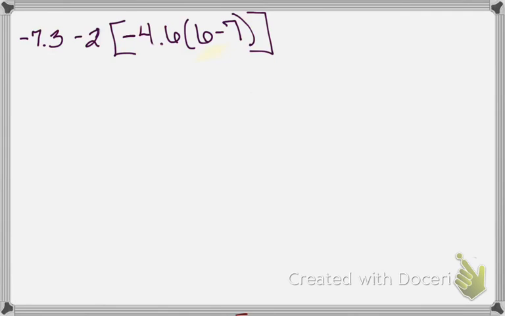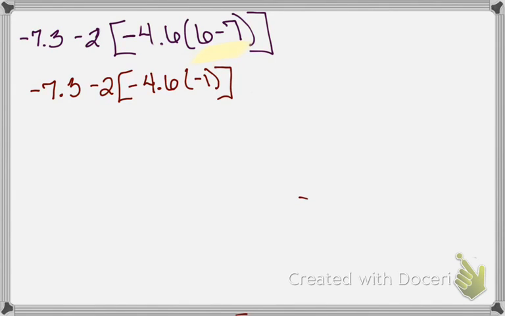So here is my innermost grouping symbol right there. 6 minus 7. Okay? So that's what I'm going to do first. I'm just going to bring everything else down. Negative 7.3 minus 2. Negative 4.6. And what's 6 minus 7?